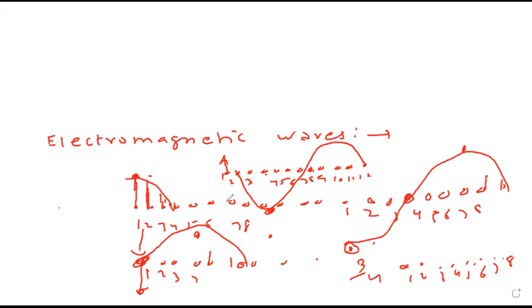So this way we get one wave. That means when a particle completes one vibration, up, down, down, again up, then it sends one wave in the medium. So to do this, the charge should oscillate. That's why oscillating charges produce electromagnetic waves.